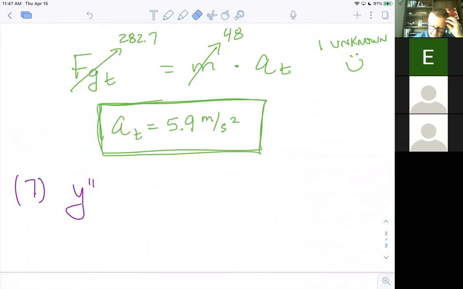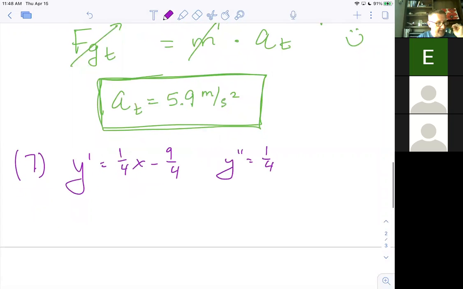So maybe I'll just write that down first. Since the first derivative was equal to 1/4 x minus 9/4, that means the second derivative is just 1/4. And so we need to know all of those for that formula. We already figured out earlier that y prime at 12 was 0.75.